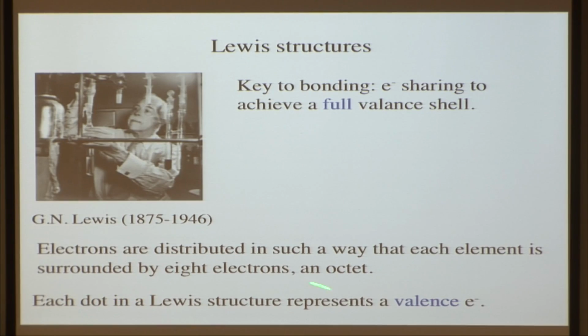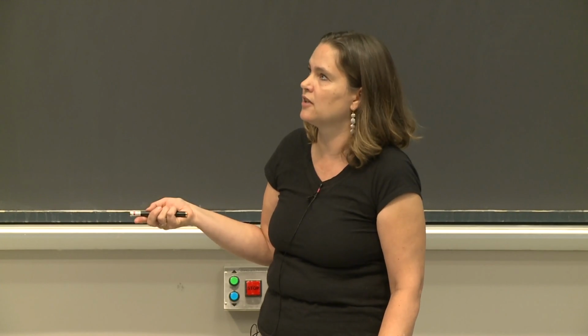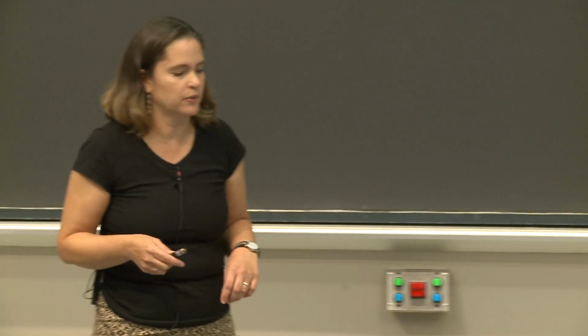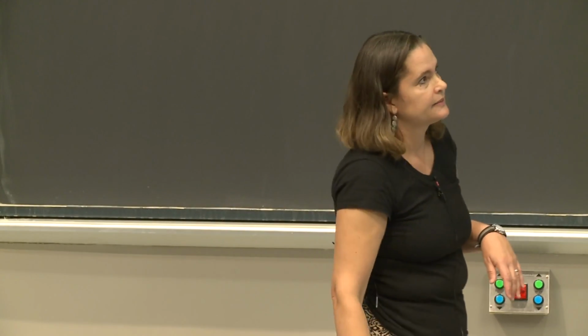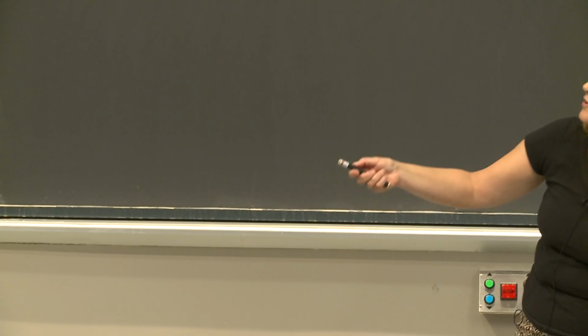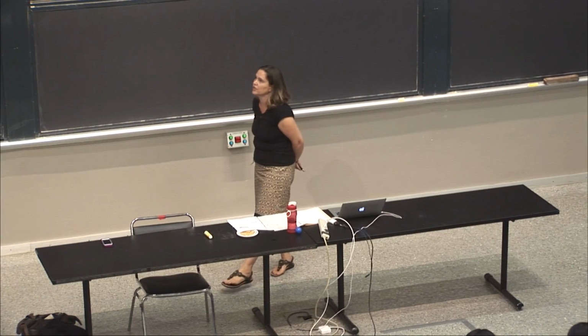Every dot in a Lewis structure represents a valence electron. We can look at some atoms and put dots around them to indicate the number of valence electrons. So we also have to know how many valence electrons atoms have. Why don't you practice with a clicker question. Here's the part of the periodic table if you need it.